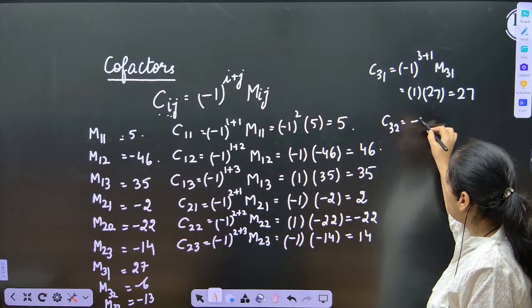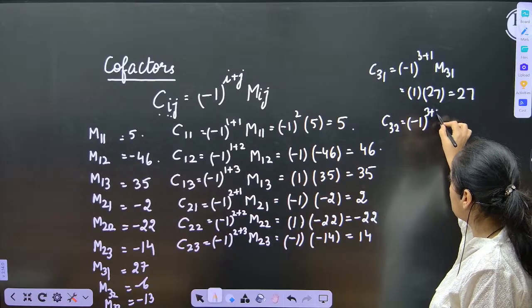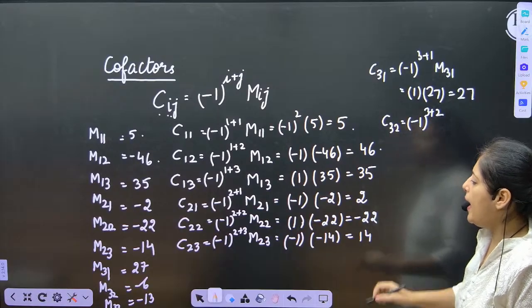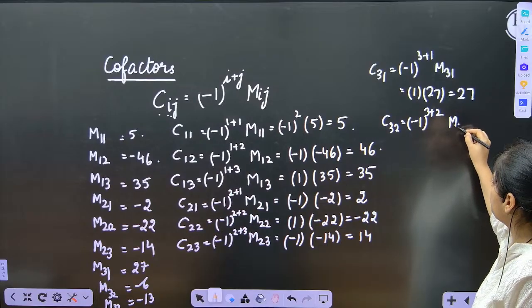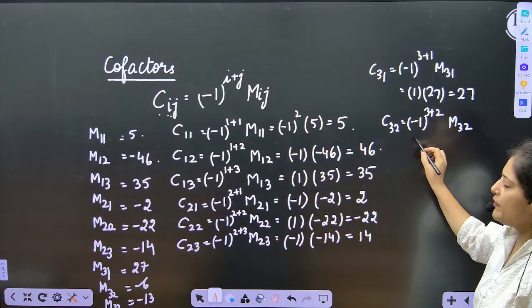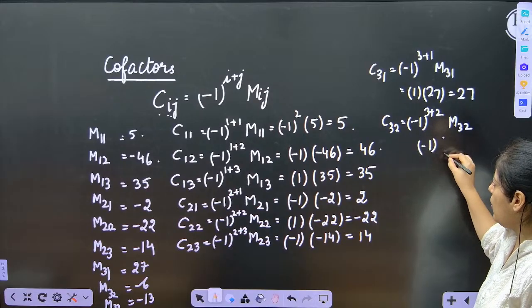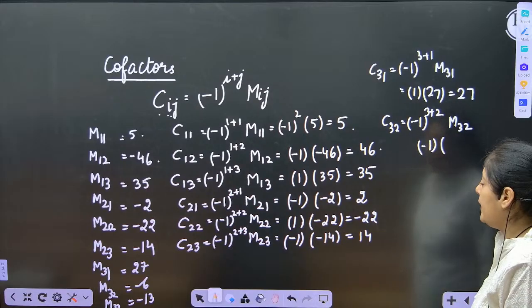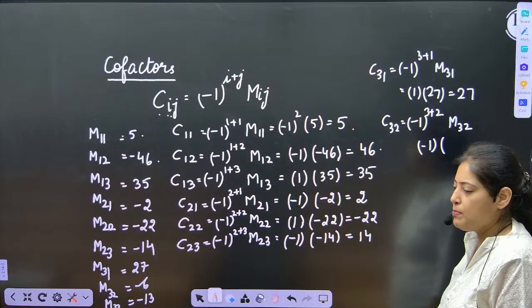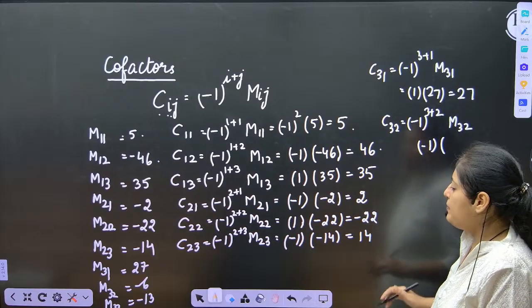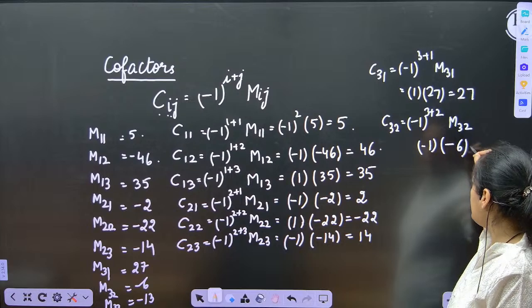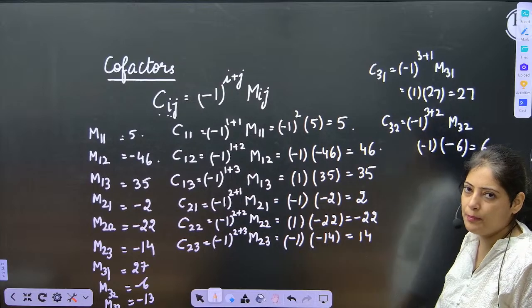C32: minus 1 raised to 3 plus 2, and M32. What will it become? Power 5, nothing but odd. Odd power will give the result as minus 1. M32 is minus 6. Minus minus plus.